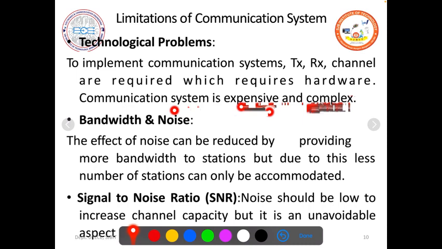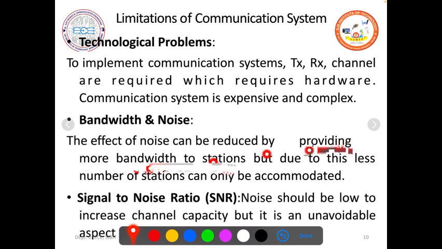The second limitation is bandwidth and noise. As you are transmitting the signal through the channel, the effect of noise is there in the signal. It can be reduced by providing more bandwidth to the stations.